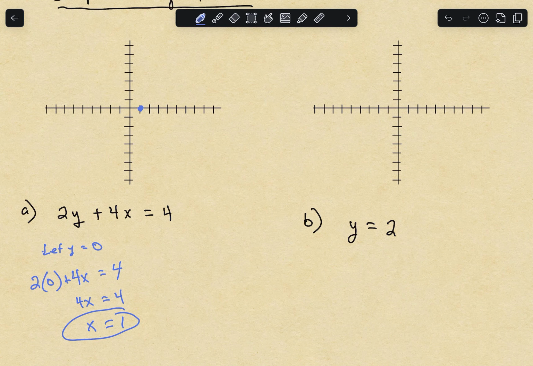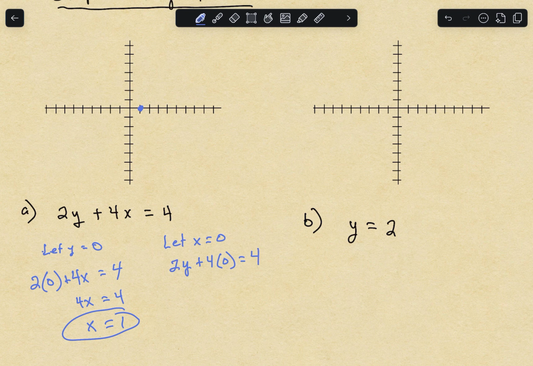Plot it right there. Next, we're going to come back here, and this will be easy. Let x equals 0. Now this becomes 2 times y plus 4 times 0 equals 4.